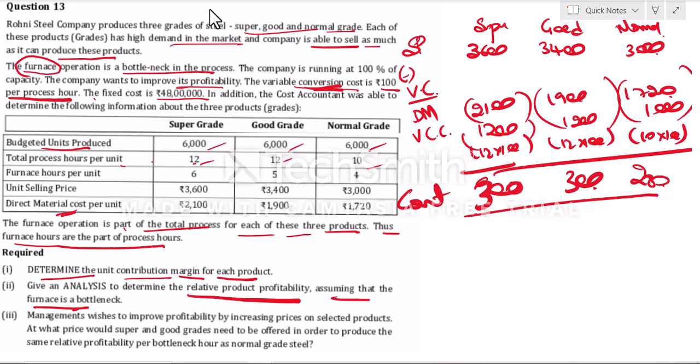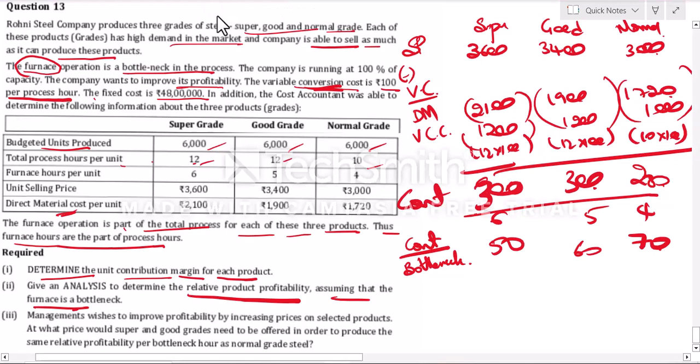So we should divide this by the bottleneck resource, that is 6, 5, 4. So 300 by 6 is 50. 300 by 5 is 60. 280 by 4 is 70. This is the contribution per bottleneck hour.